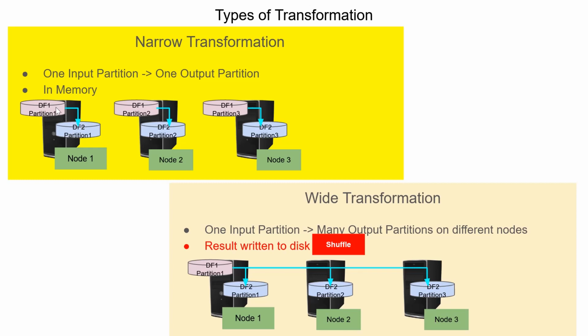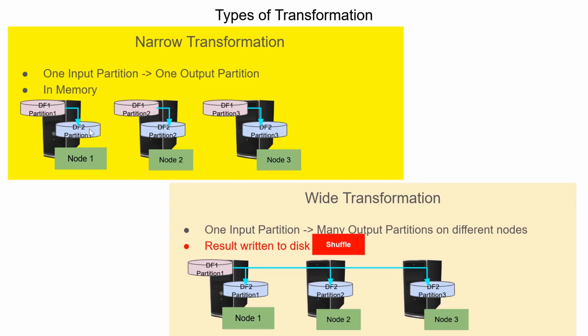Within the same partition, it creates another partition. One input partition will create another output partition within the same node. Whatever data it finds in that partition, it runs that transformation, and there is always one-to-one mapping.